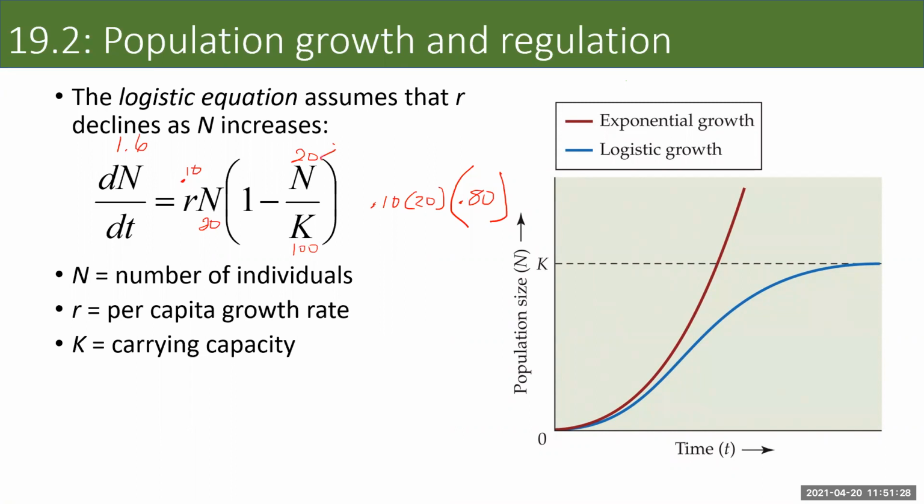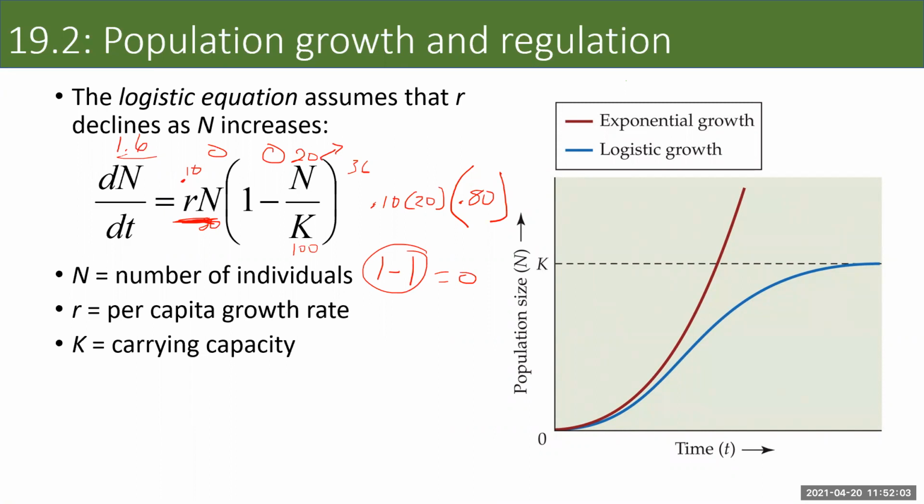Now, as this number increases, right? So let's say after 10 years, right, we've got 16 individuals added, right? So now that number is 36. This is going to make that ratio higher and closer to 1. Whenever it becomes 100 over 100, you get 1 minus 1, and that equals 0. So when this term becomes 0, 0 times whatever this is is 0.